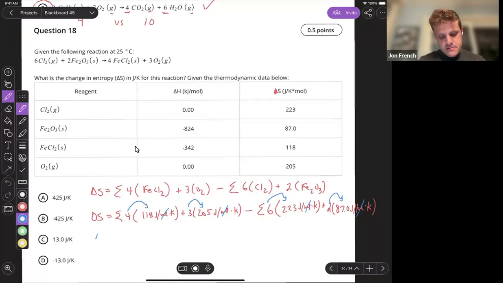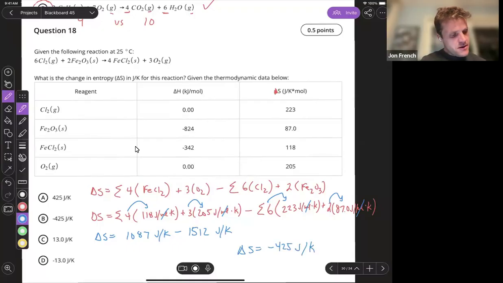I get 1087 joules per Kelvin minus 6 times 223 plus 2 times 87, which is 1512 joules per Kelvin, and I subtract, and I should get a negative 425 joules per Kelvin.